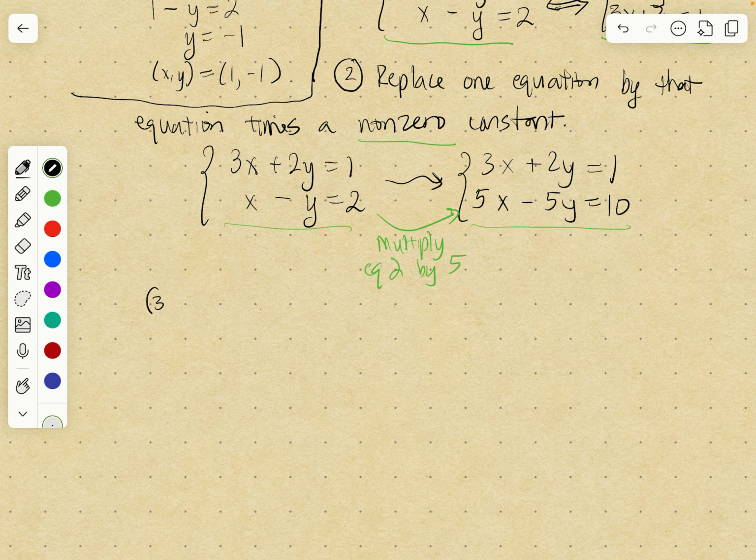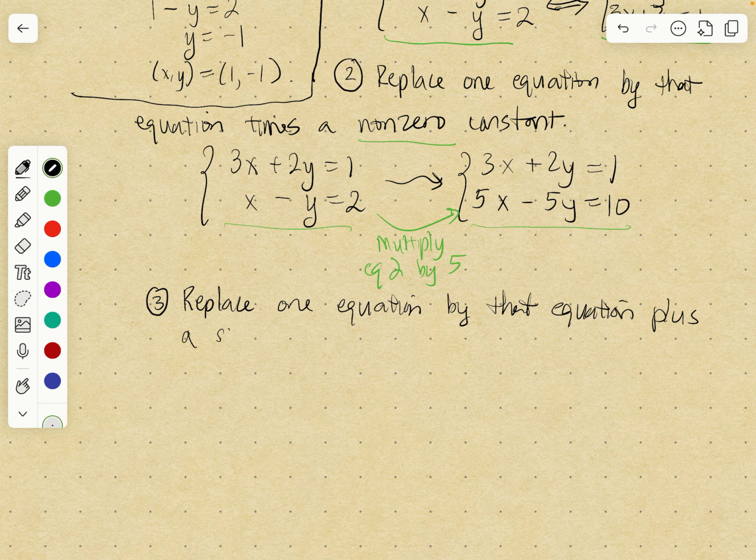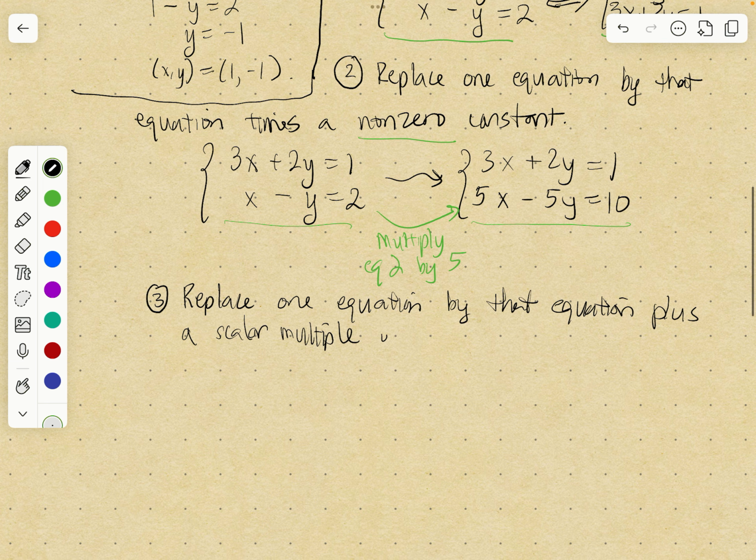And then the third thing is probably the most interesting one, which is to replace one equation by that equation plus a scalar multiple of another equation.